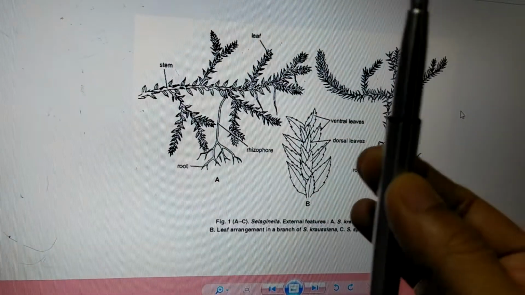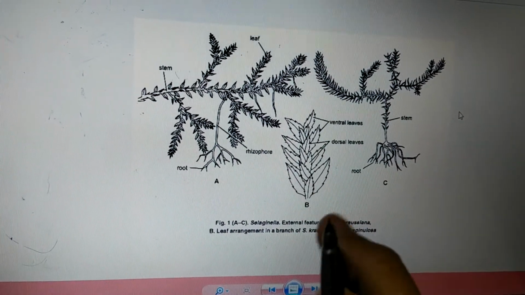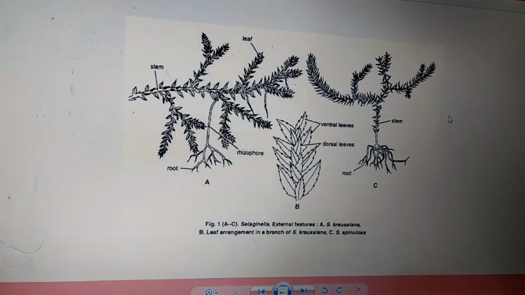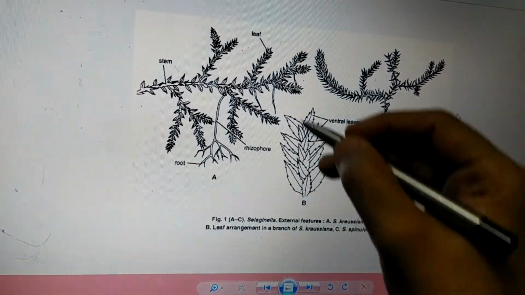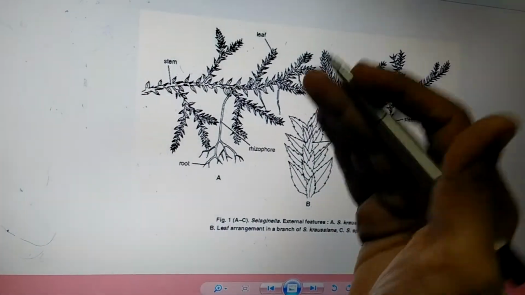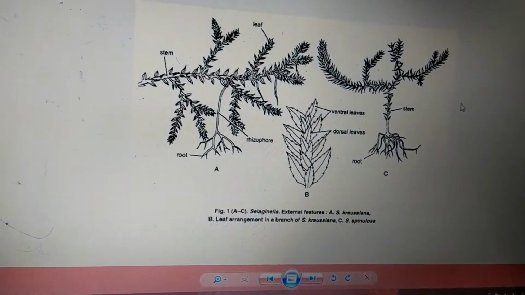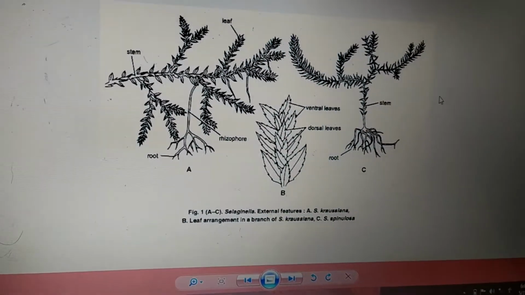If you consider this as a stem, on the dorsal surface we will be having small leaves arranged, whereas the bigger ones are on the ventral side. So this is the arrangement of leaves in case of Selaginella.